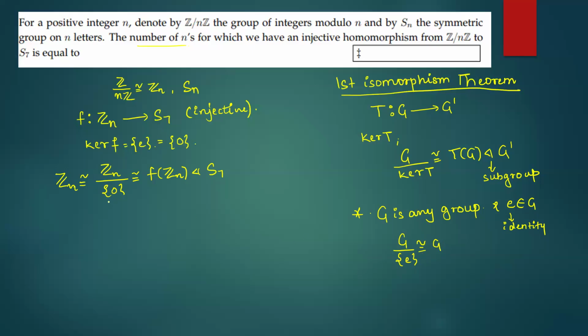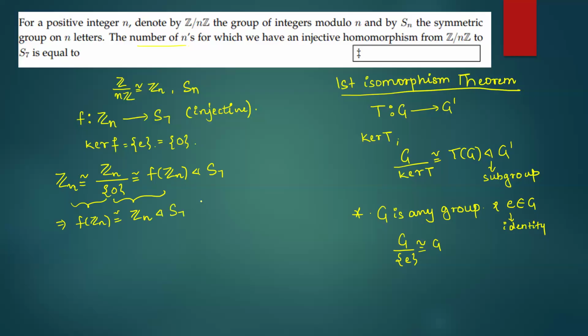And we also know that isomorphism is an equivalence relation, so it is of course transitive as well. So Zn is isomorphic to this, which is isomorphic to this, so from here I can say f of Zn is isomorphic to Zn, and this Zn is actually a subgroup of S7.